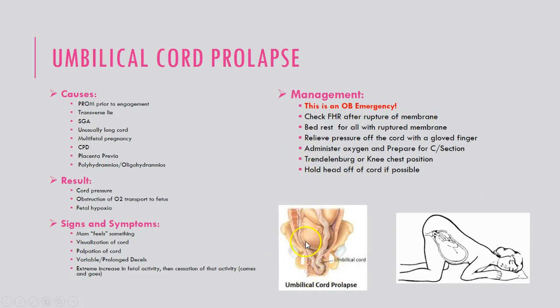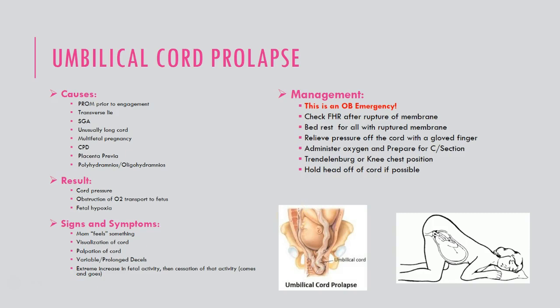Membranes have to be ruptured for this to happen, and once the membranes are ruptured, sometimes with that gush of fluid out of the vaginal canal, the cord can rush out with that fluid and go below the presenting part. If the baby's presenting part is engaged in the maternal pelvis, a prolapse will not typically happen because the baby is already engaged. But this tends to happen whenever the baby is not engaged. And that's when the risk is high.